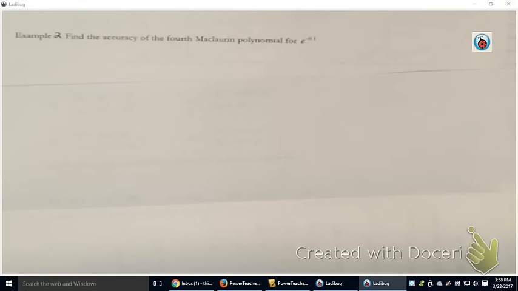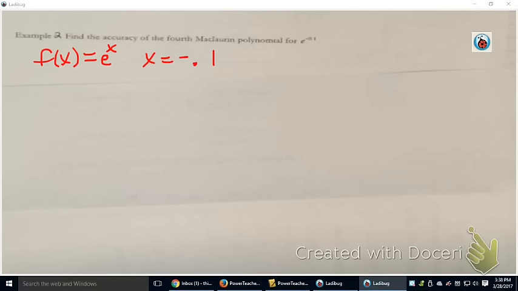All right. Example 2 says to find the accuracy of the fourth Maclaurin polynomial for e to the negative 0.1. So what that's telling me is that f of x is e to the x, and the value that we're using that we plug in, or that we're estimating, is negative 0.1.